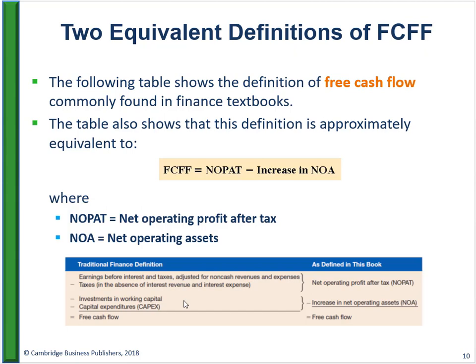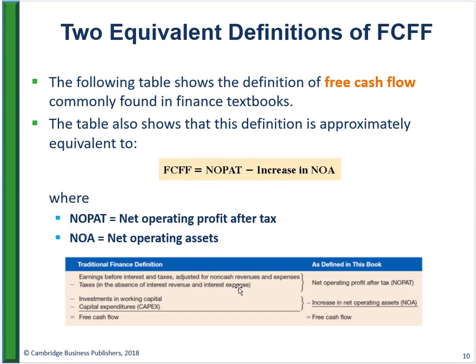So let's focus on the formula in the center of the page. Free cash flow to the firm equals NOPAT, net operating profit after tax, minus the increase in net operating assets, which is further detailed down here at the bottom of the page, where we have earnings before interest and taxes, adjusted for non-cash revenues and expenses, less taxes in the absence of interest revenue and interest expense.